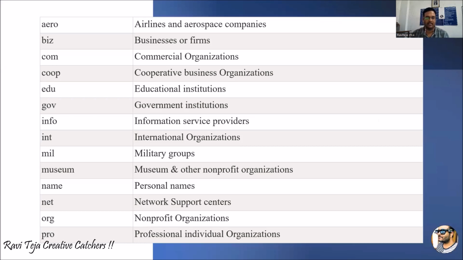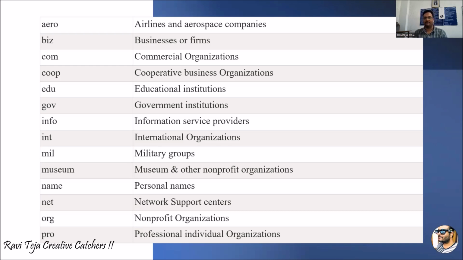If you see over here, all the names on the left side: aero, biz, com, corp, edu, gov, info, all these are dot extensions. .aero is for airlines and aerospace companies. .biz is for business and firms. .com is for commercial organizations, which is very popular and famous. .corp is for corporate business organizations. .edu is for educational institutions.